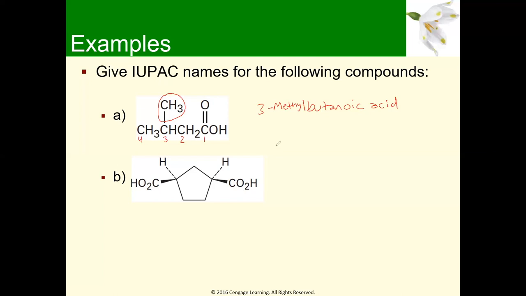Okay. And down here, again, I've got the cyclopentane ring. So that's kind of the root. I'll go ahead and write that down, cyclopentane. All right, and I've got 2 carboxylic acids here, and both of these are substituents on the ring. So cyclopentane, and then the way I would use the correct naming conventions is I would go dicarboxylic acid.